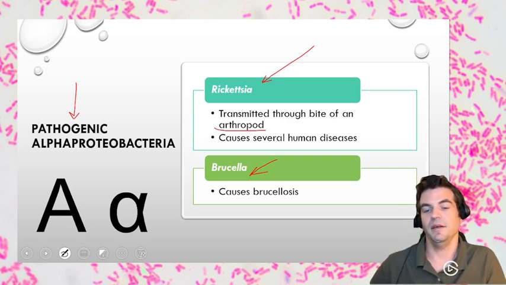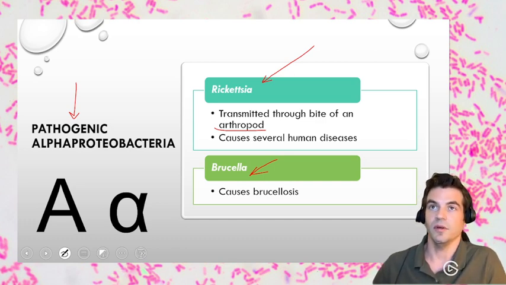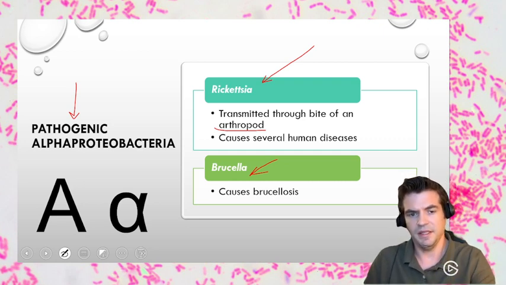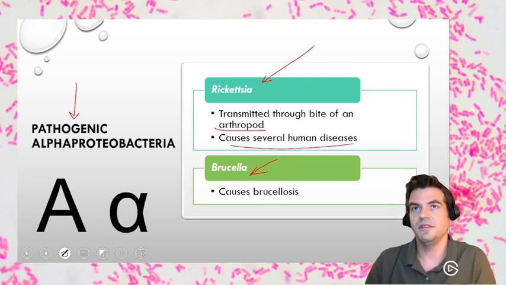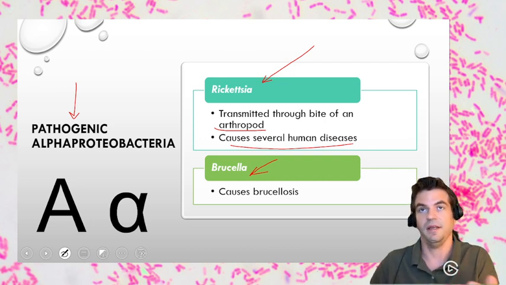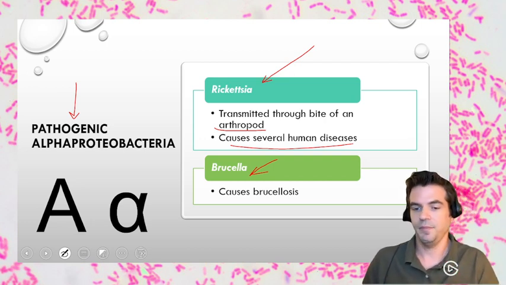But if it helps, say transmitted through the bite of an insect or arachnid. Okay, and this is the cause of several human diseases, rickets, and it's transmitted through the tick. And we have brucella as well.